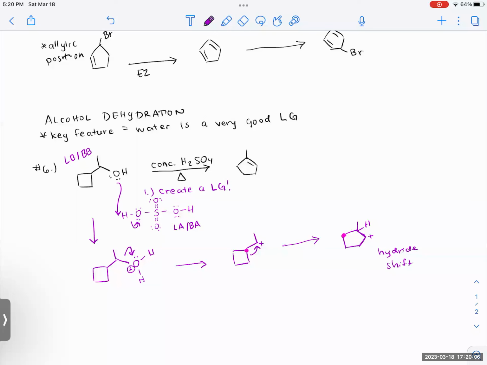This was a rearrangement, and this is a hydride shift, because that positive charge is going to be a lot more stable on a tertiary carbocation.